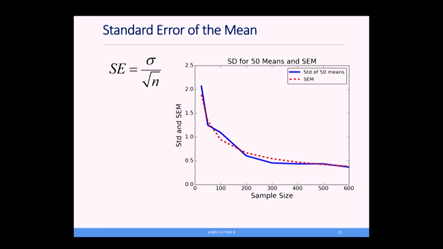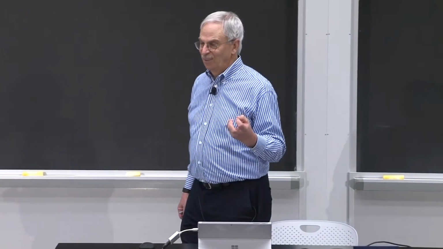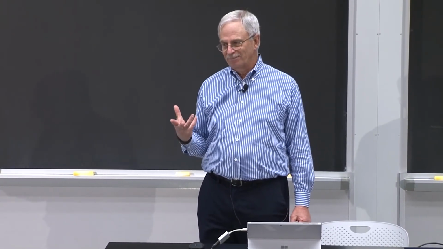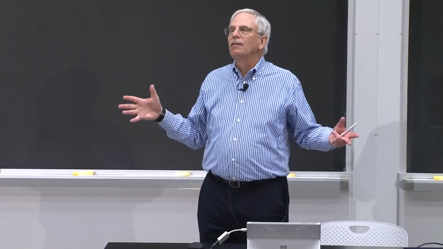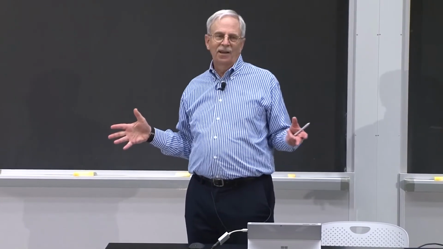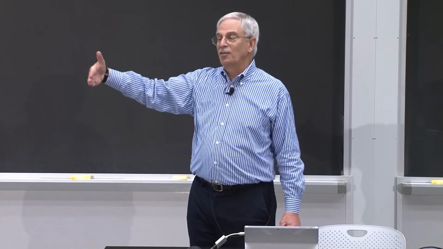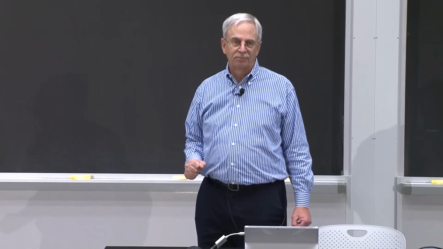And this is saying that I can anticipate what the standard deviation would be by computing the standard error, which is really useful, because now I have one sample, I compute its standard error, and I get something very similar to what I get of the standard deviation if I took 50 samples and looked at the standard deviation of those 50 samples.